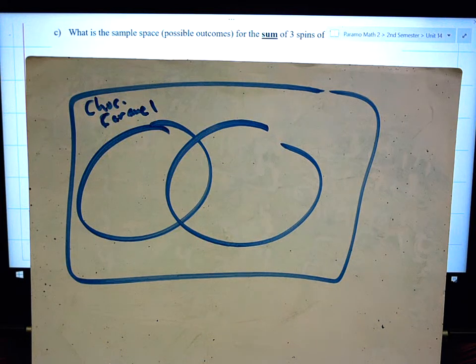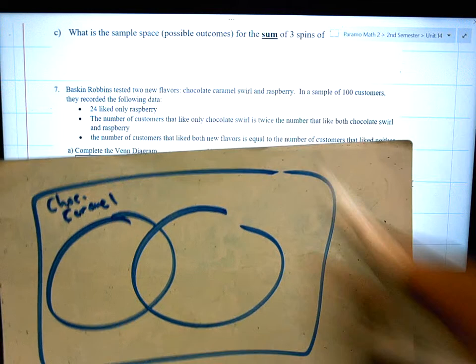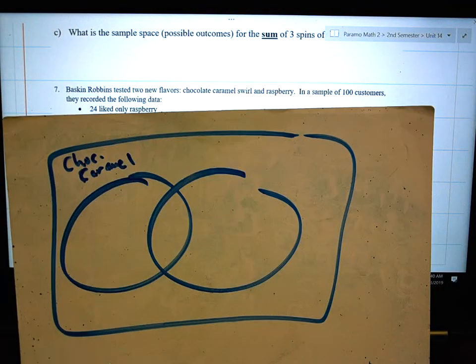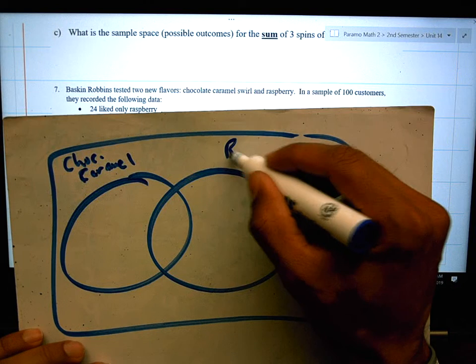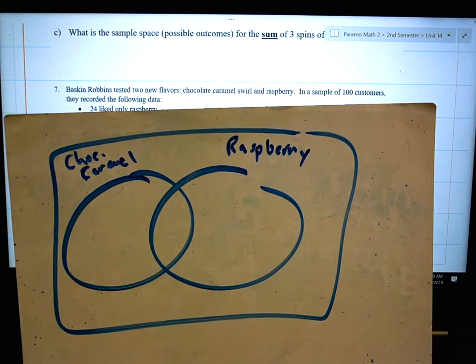Makes it sound more delicious. I can't talk about it too much or else I'm going to get hungry. Then we go to raspberry. I guess there's a P in there. I didn't know that. I feel raspy just talking about it.